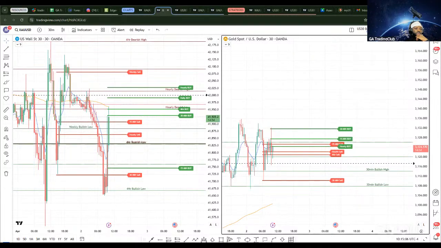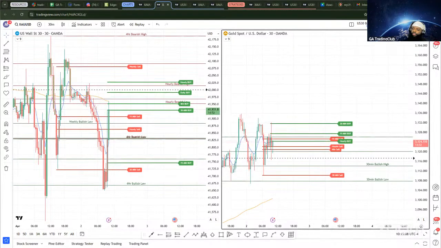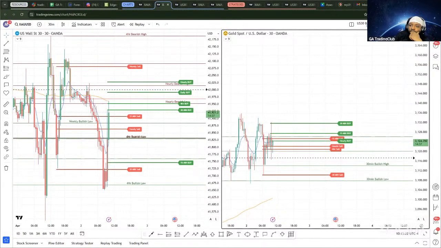US 30. Okay, US 30 rejection resistance. Let's see if there's any entry there. No, no entry.